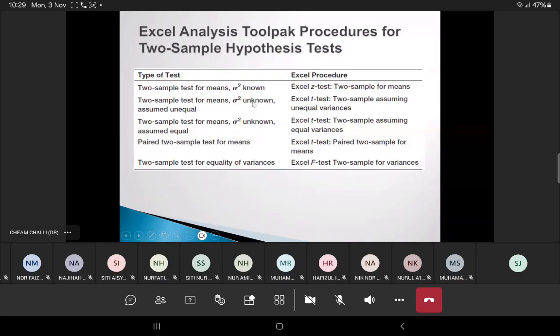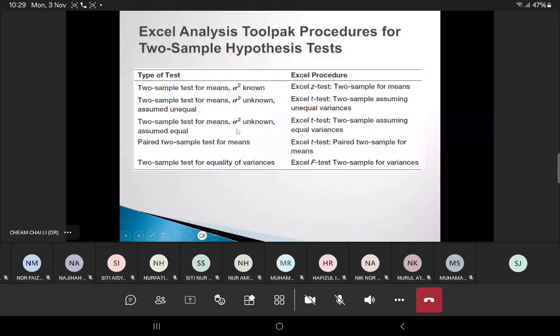So the first situation is sigma unknown, and assume that the two are unequal. In this case, you need to use two samples assuming unequal variances.